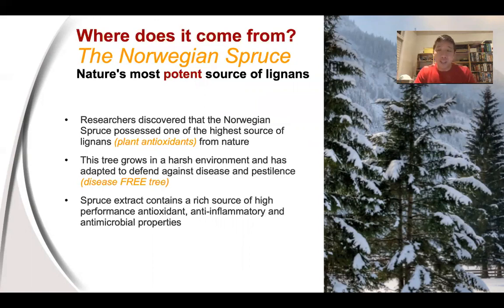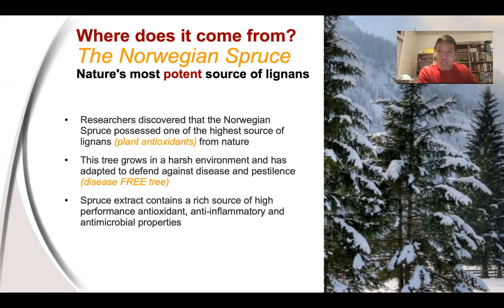So these trees have literally been there for a very long time. The oldest documented spruce tree is close to 10,000 years old, but in reality, it's probably been there for millions of years. Now, one other common question we get is, Rene, don't we have this tree in Canada?